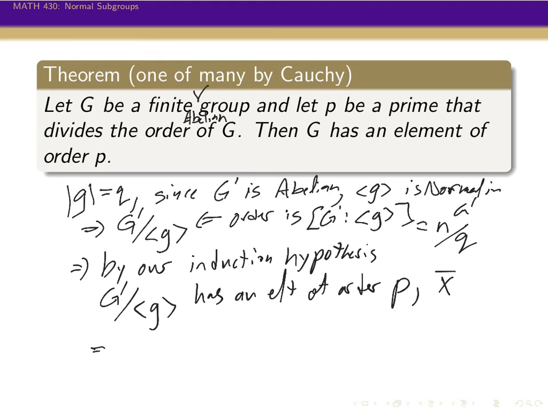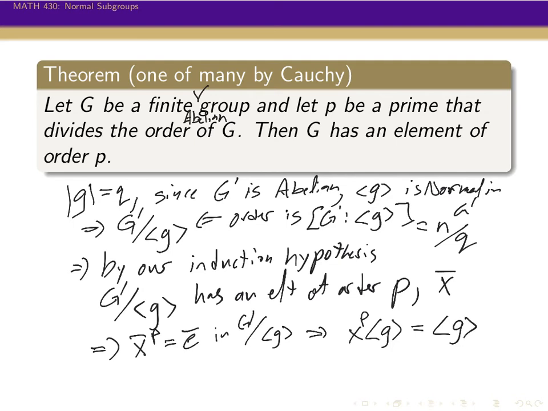And so X prime to the P is the identity in G prime over G. And so what that means is that X to the P mod G is equal to the subgroup generated by G, which means that X to the P is an element somewhere inside of G. Okay, so if X to the P equals the identity, then we're done. We found an element of order P.